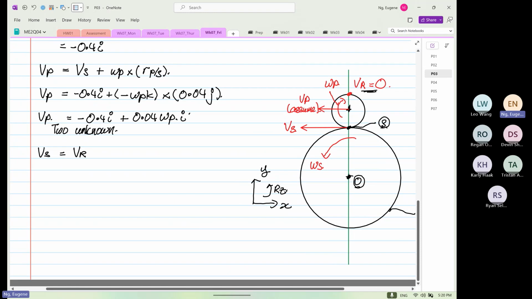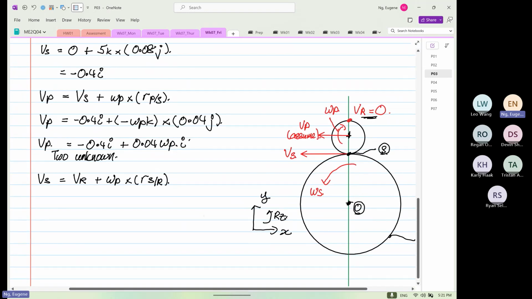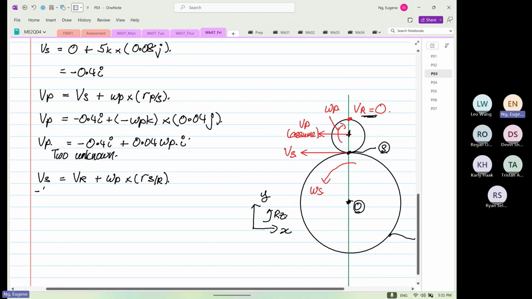Now we can focus at point S and point R plus omega P cross R, so S from point R. So Vs we found to be equal to minus 0.4 I.